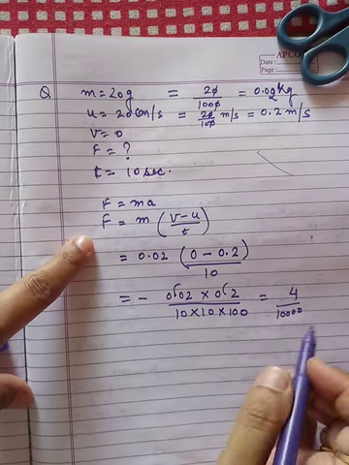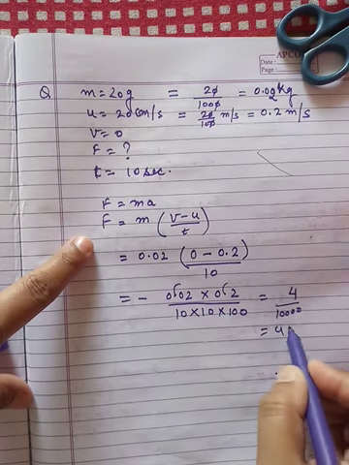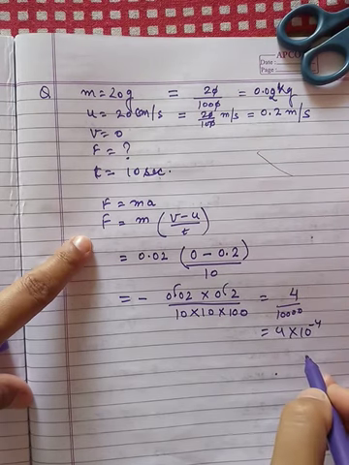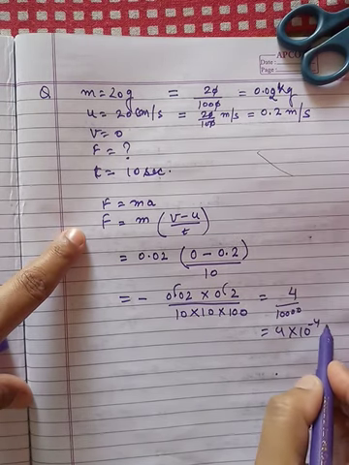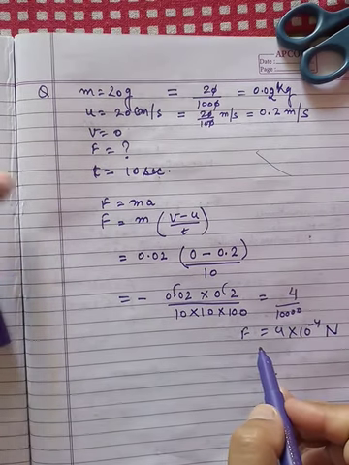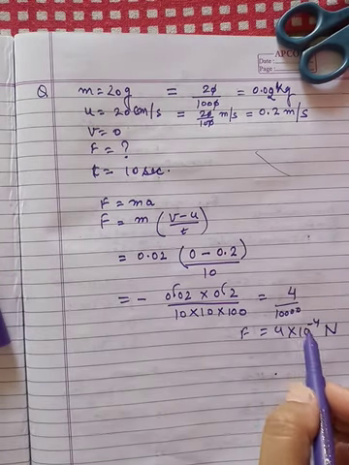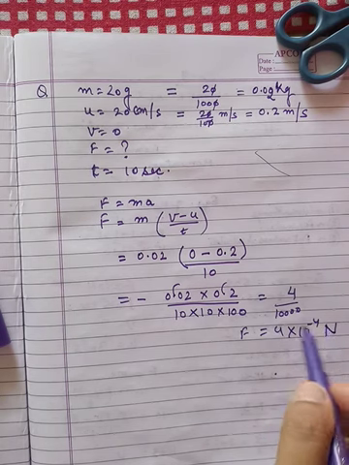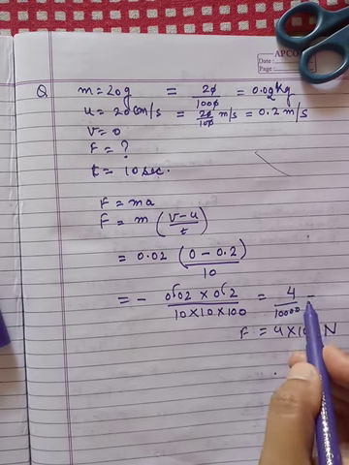This can be written as 4 multiplied by 10 to the power minus 4. That much amount of force, that means this many Newtons. So the force is either 4 multiplied by 10 to the power minus 4, or we can write it in another manner also.